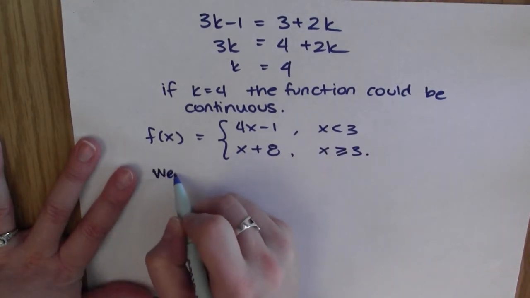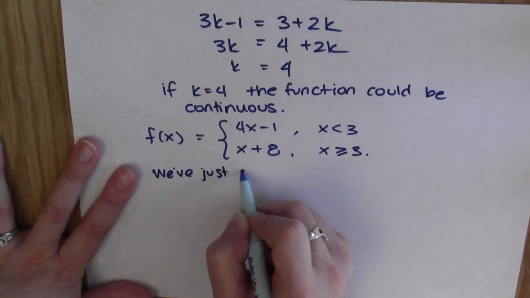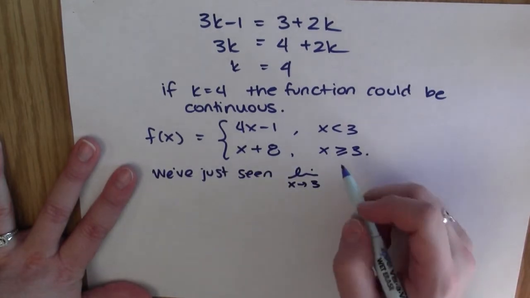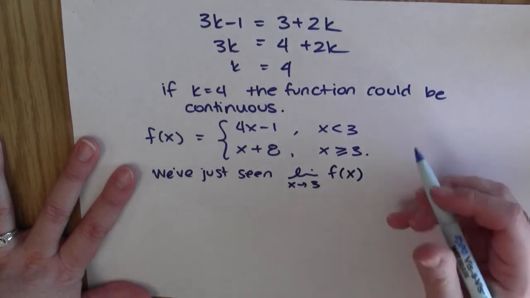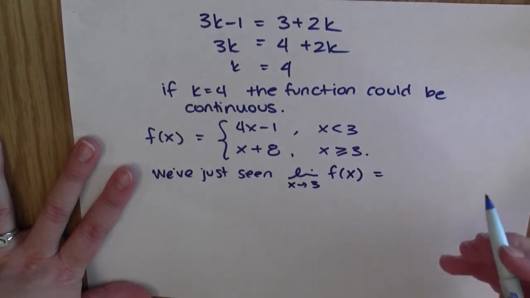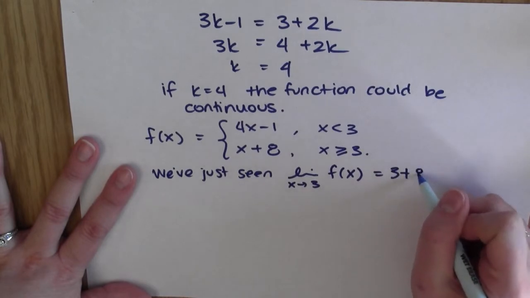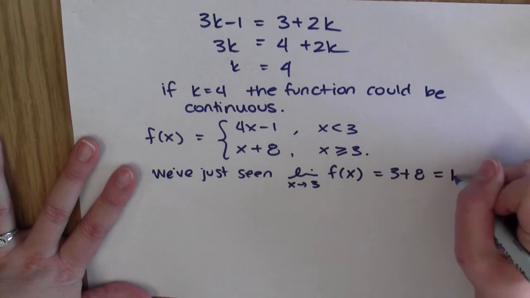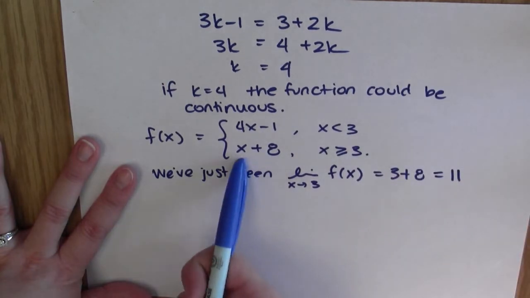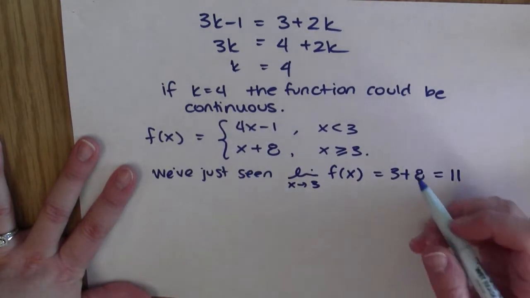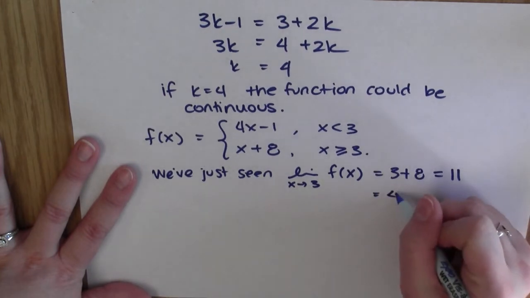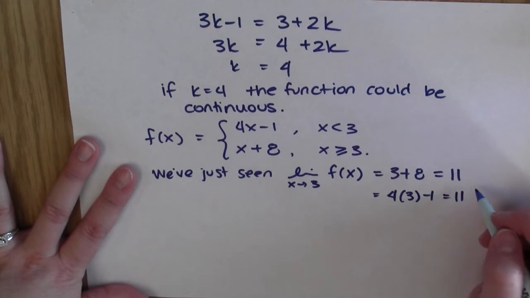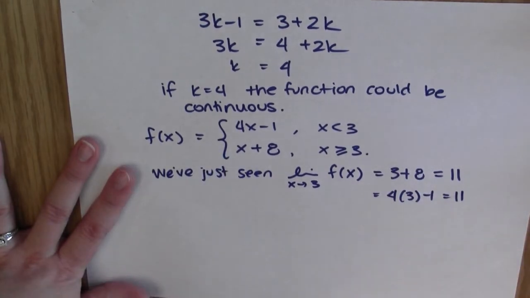Okay, and we've just seen that the limit as x approaches 3 of this function, f of x, is equal to 3 plus 8, or 11, from the right-hand side, and 4 times 3 minus 1, 11, from the left-hand side. Since these are equal, the limit exists.